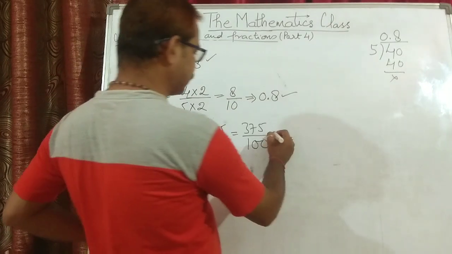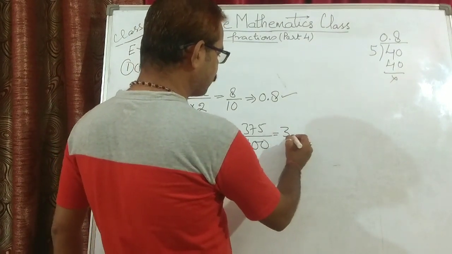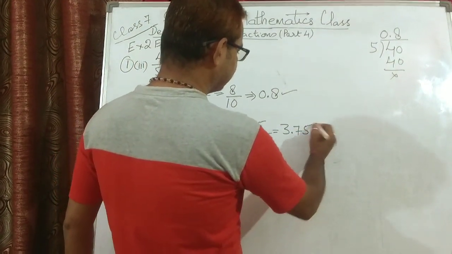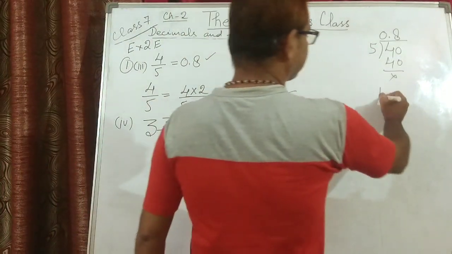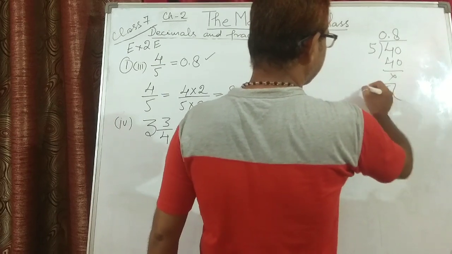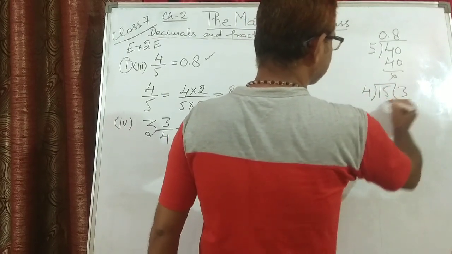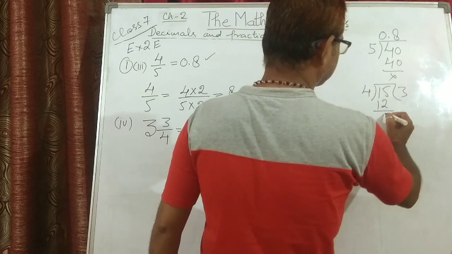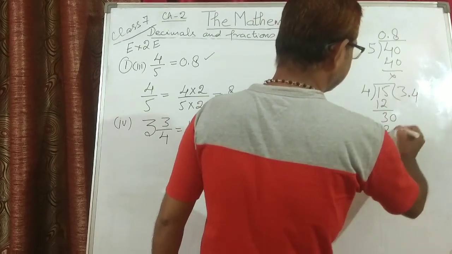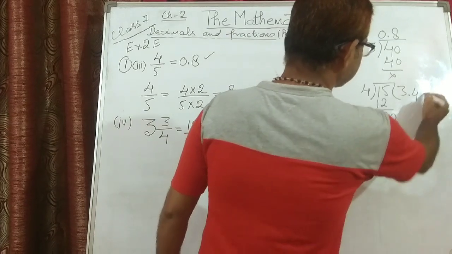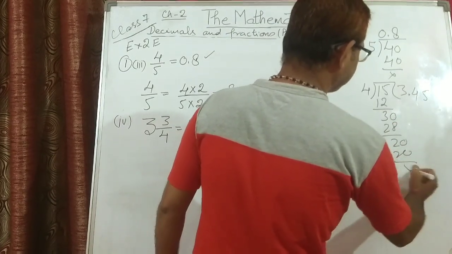Now this can be written as 3.75. This is one method, or you can divide 15 by 4. 4 3s are 12, 3 is left, put a decimal, increase 1 zero, 4 7s are 28, 2 left, increase 1 zero, 4 5s are 20, finish.